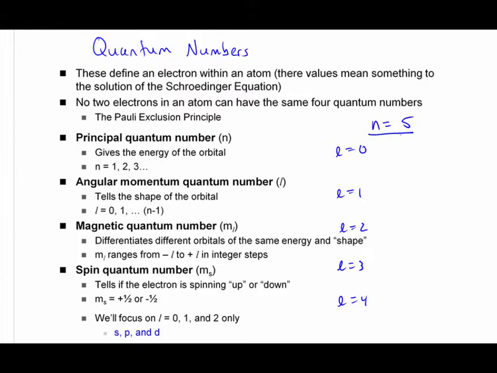We also know that if there's an L equals 0, the rule says there's going to be a certain number of orbitals, m sub L. So if it's L equals 0, then we range from minus L to positive L. Since 0 is neither negative nor positive, we only have one possibility, that is m sub L equal to 0. And in there we can put two electrons, a plus 1/2 and a minus 1/2.